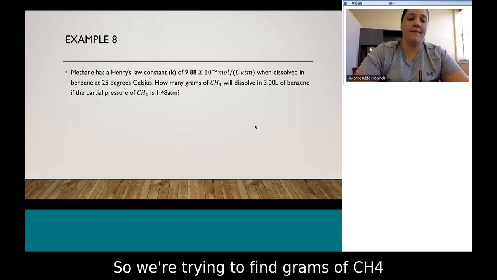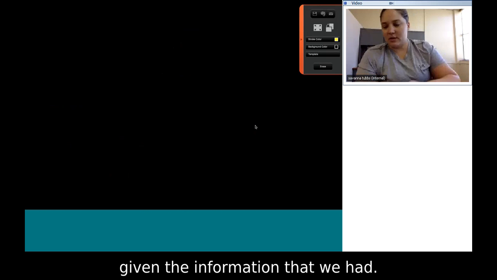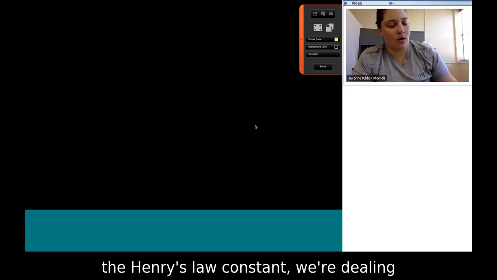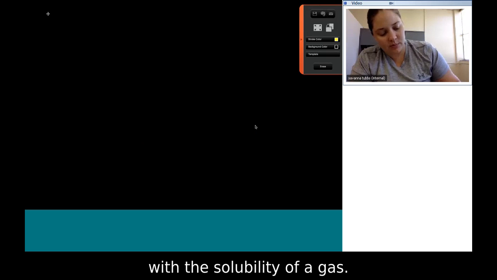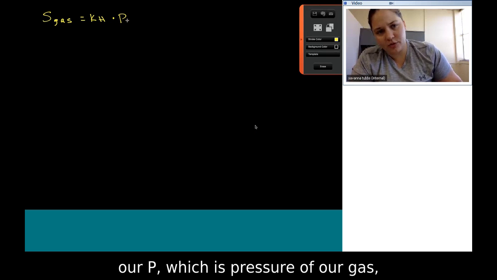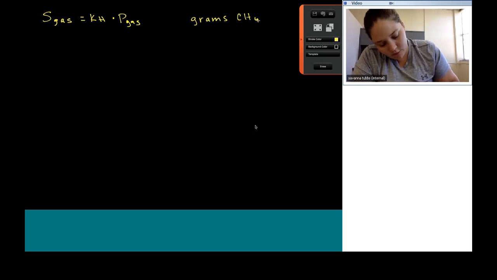So we're trying to find grams of CH4. Since we have the Henry's law constant, we're dealing with the solubility of a gas. So S gas equals our constant times P, the pressure of our gas. And we need to find grams of CH4.